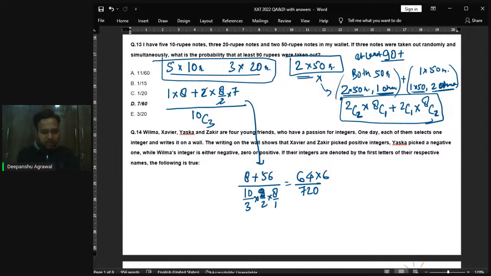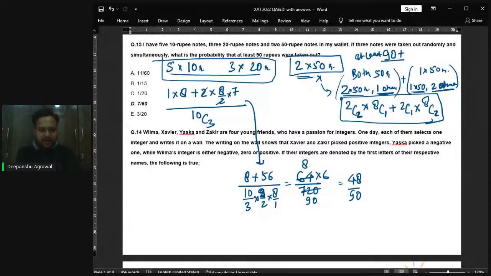Okay. We cut this by 8. So this would be 8 and this would be 90. And now we have to, 8 into 6 is 48 divided by 90, which is not actually the correct answer.